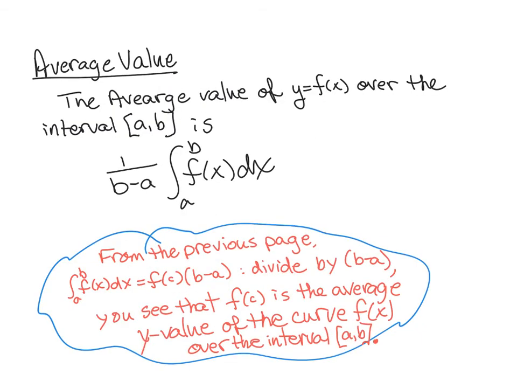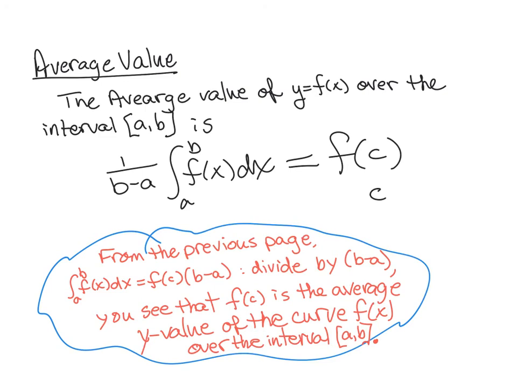And what we just did comes from the average y value. Okay, when it says the average value, it means the average y. So if you look at that picture from the previous page, you'll see, remember, this is the area, right? This is the area, and it's width times height. If I just take this equation and divide away the width, then I get the total area divided by the width is going to equal the average y value on that interval.